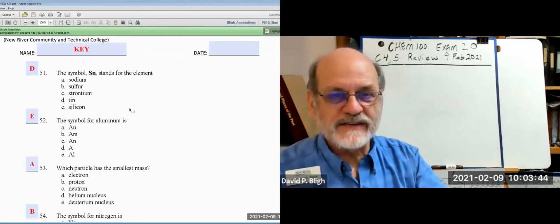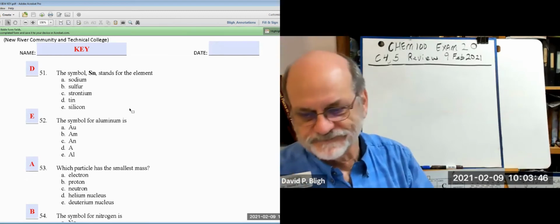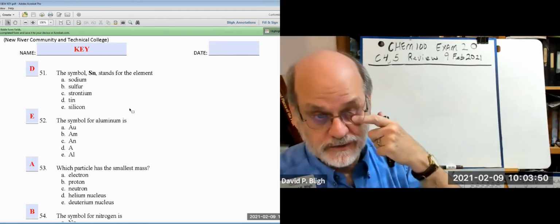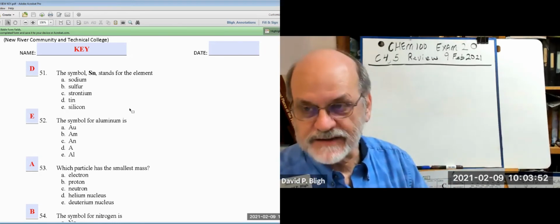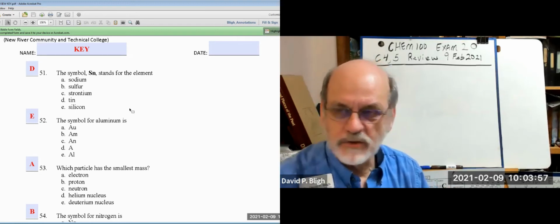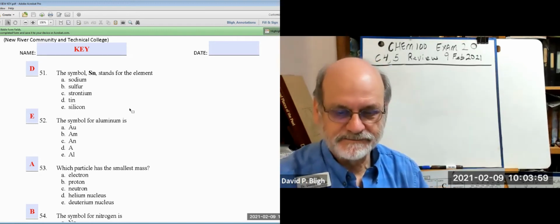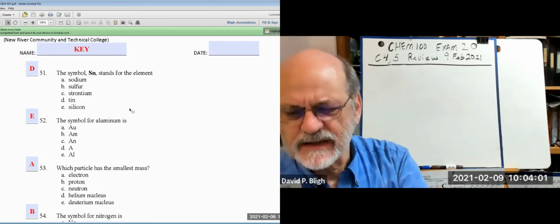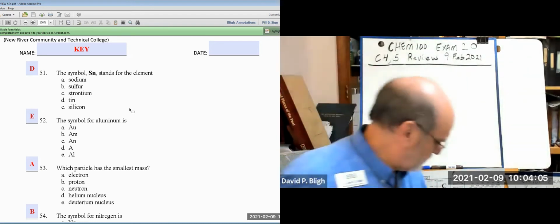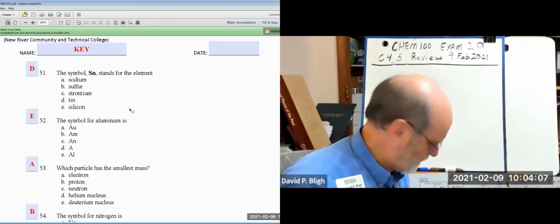The symbol SN stands for the element what? That's one of those Latin terms. SN is from the Latin stannum, which means tin. What's the significance of tin historically? You ever wondered about that?